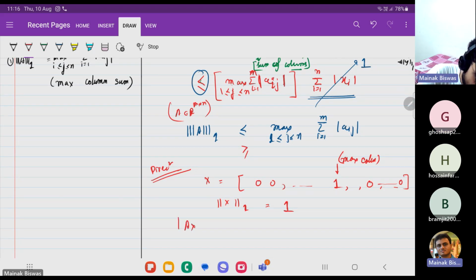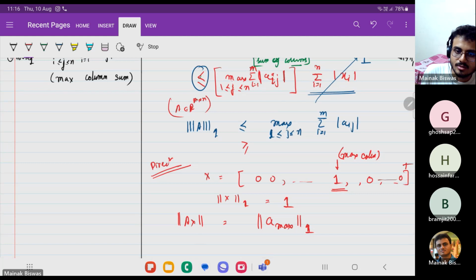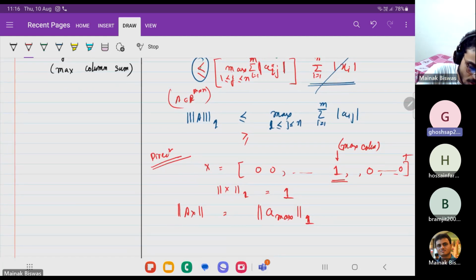So your Ax is nothing but your column a_max, because I'm only having 1 corresponding to a_max and the others are all 0. Yes or no? Which is equal to the max over j of the sum of |a_ij|.